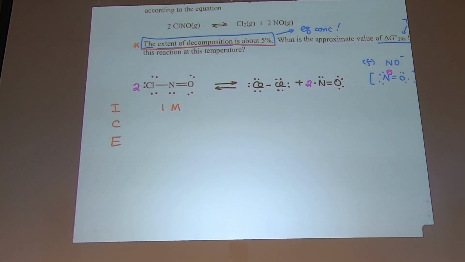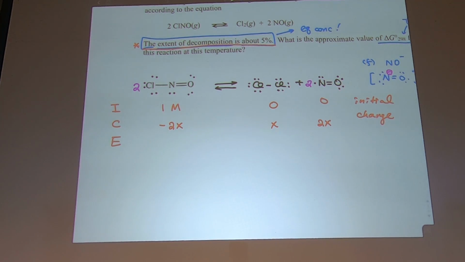The initial concentration of this compound as a reactant is 1, and then there's nothing and nothing. This is my initial condition. For the change, I'm going to say I lose 2x, and x and 2x are coming. That's easier for me than 1x, half x, x. You can do that, but this is my choice because it's easier for me.